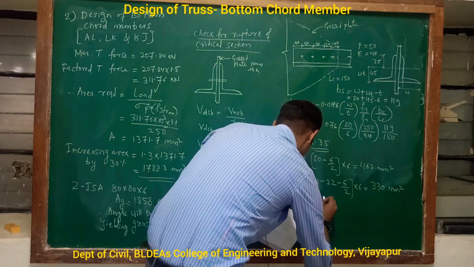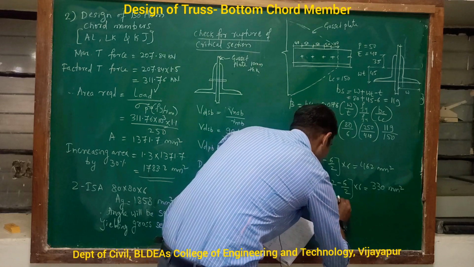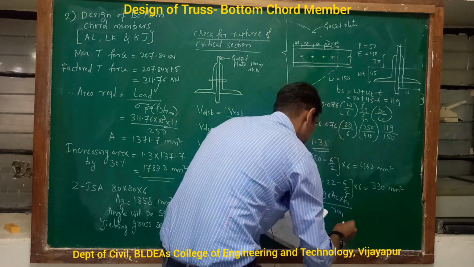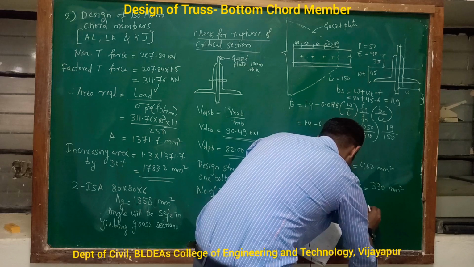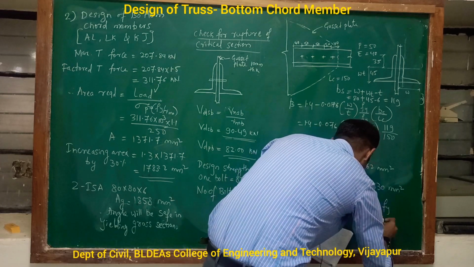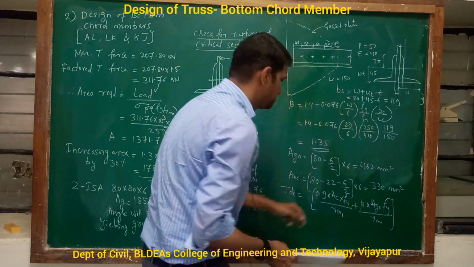So that is 0.9 into ANC into Fu divided by gamma m1 plus beta into Ag naught into Fy divided by gamma m naught. Now you have to substitute all the values.